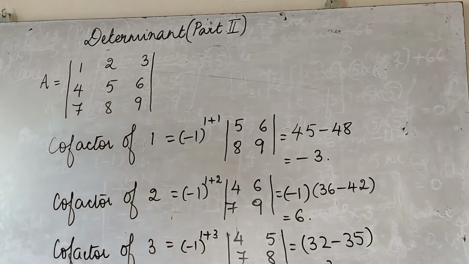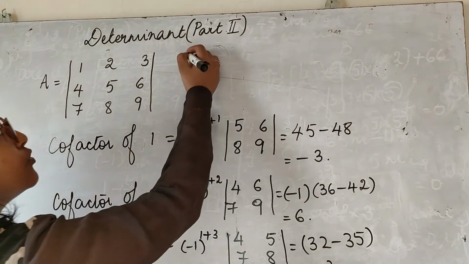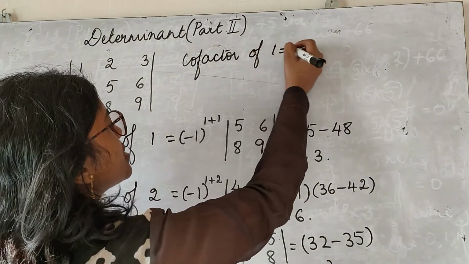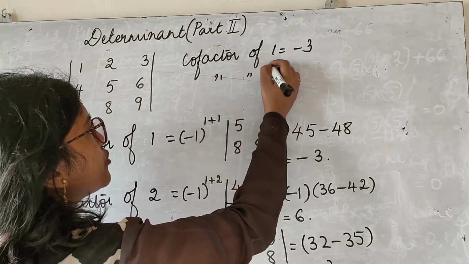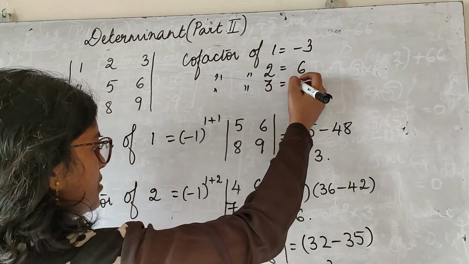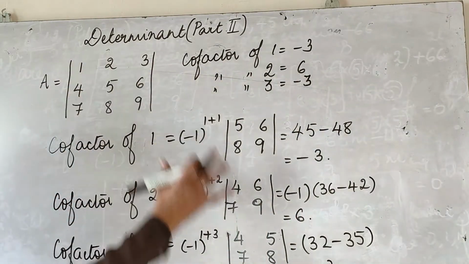To find the value of the determinant, I am first going to write the cofactors here since I want to clear the board. Cofactor of 1 is minus 3, cofactor of 2 is 6 and cofactor of 3 is minus 3. This is what I obtained from here.